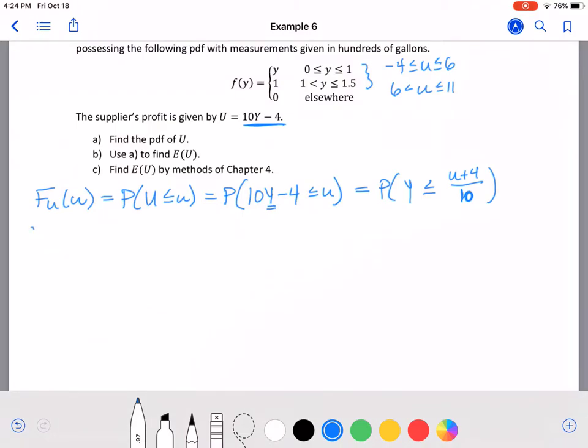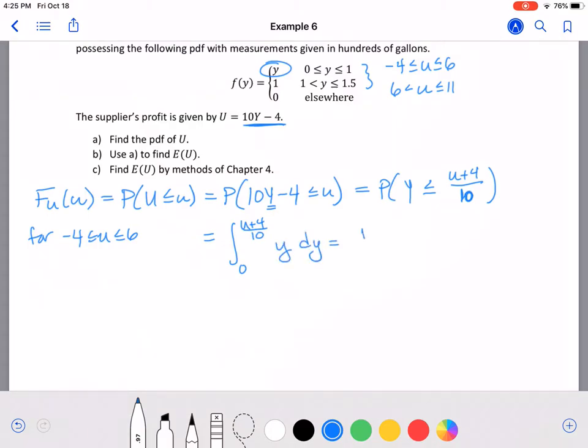When we're in the range for u between negative 4 and 6, what this is going to equal is we're going to integrate from the lower bound of y of 0 up to u plus 4 over 10. And in that chunk, our PDF is y.